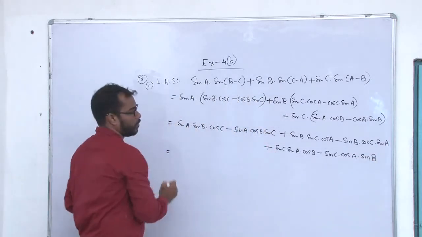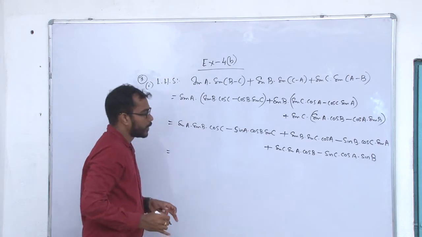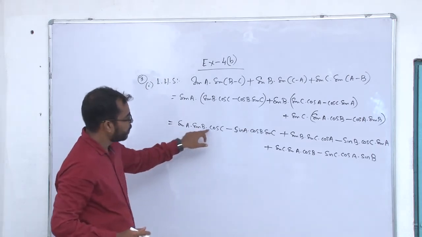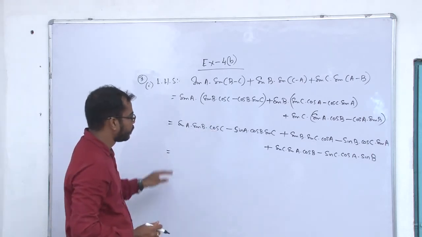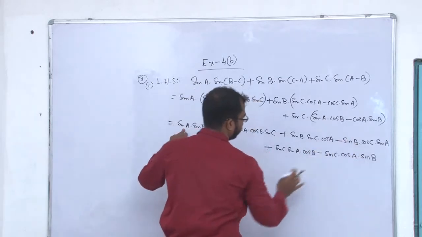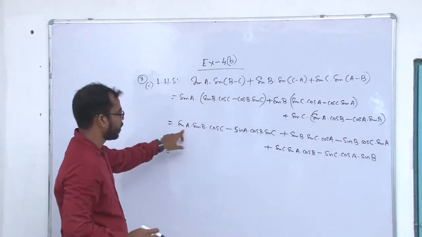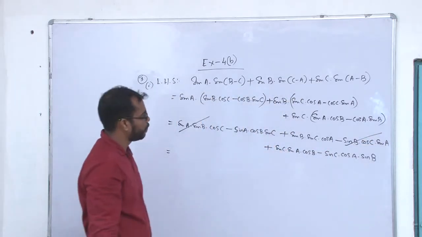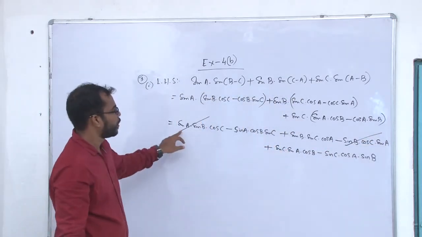Okay, so now we cancel the same terms. Sin A sin B cos C is similar to, with the opposite sign, the fifth term, that is sin B cos C sin A. So we cancel the first and fourth terms.